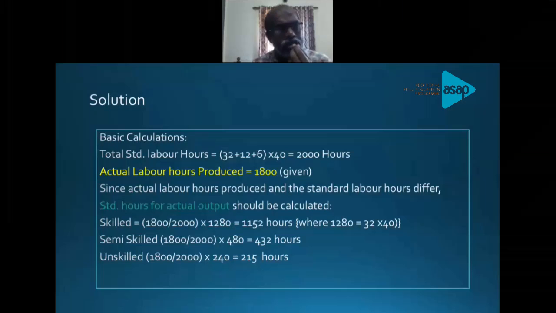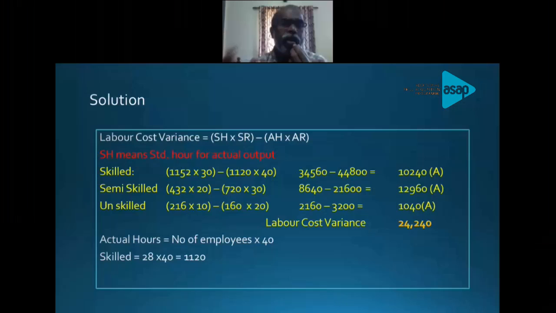Similarly, unskilled variance. To calculate the total labor variance, we have to take the sum of all the three different types of employees. It is 24,240 adverse. Labor cost variance is standard hour into standard rate minus actual hour into actual rate.